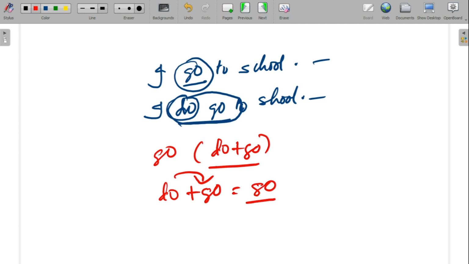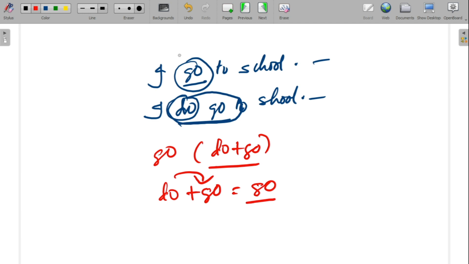Example, I go to school. Do is an action word. When we say I go to school, that means I do go to school. That means I do the work of going to school. I eat food. That means I do the work of eating food.